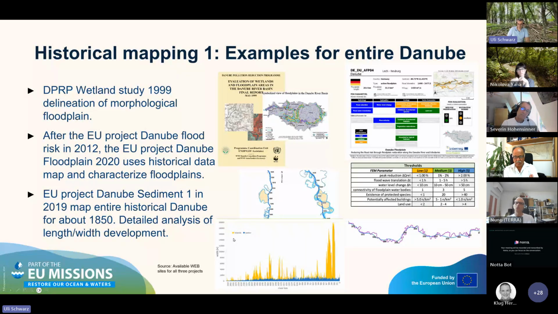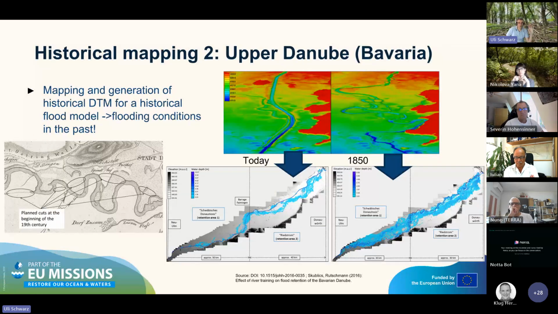It is quite impressive to see how the Danube reaches 10 kilometers in width in the southern part of Hungary, and of course in the delta much more. That's an example for the entire Danube.